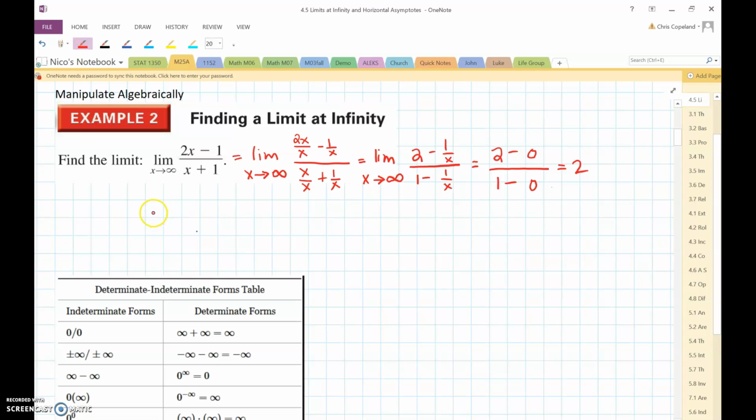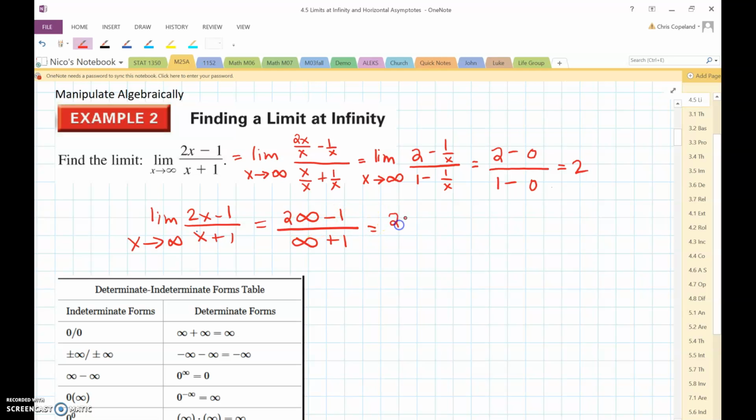In the very beginning, when we tried direct substitution, we ended up getting something really funky. If you subtract 1 from infinity, the negative 1 is kind of irrelevant compared to infinity.